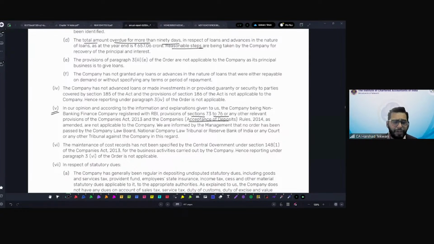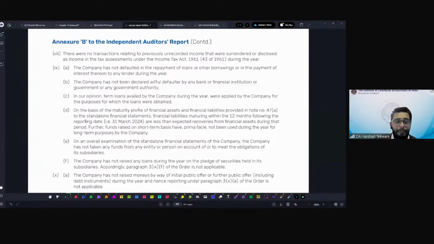Then you have statutory dues. It is similar to other paragraphs. Then it was loans taken by the company, loans and other borrowings. If the NBFC is accepting deposits and accepting loans, then there is a specific paragraph on whether the company has defaulted on the repayment of loans, whether the company is a willful defaulter.